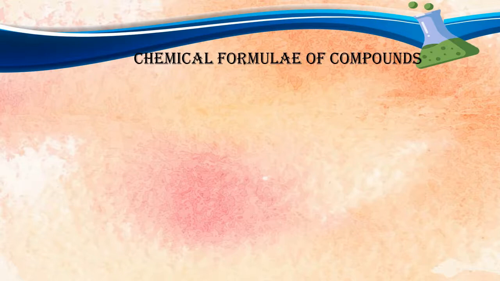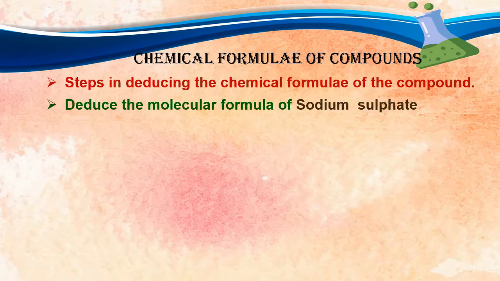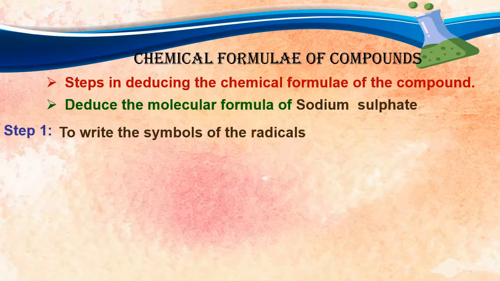Let us see the steps to deduce the molecular formula of a compound. Here is the first example. Let us deduce the molecular formula of sodium sulfate. Step 1. To write the symbols of the radicals. Now here we have to write the symbol of the basic radical on the left.